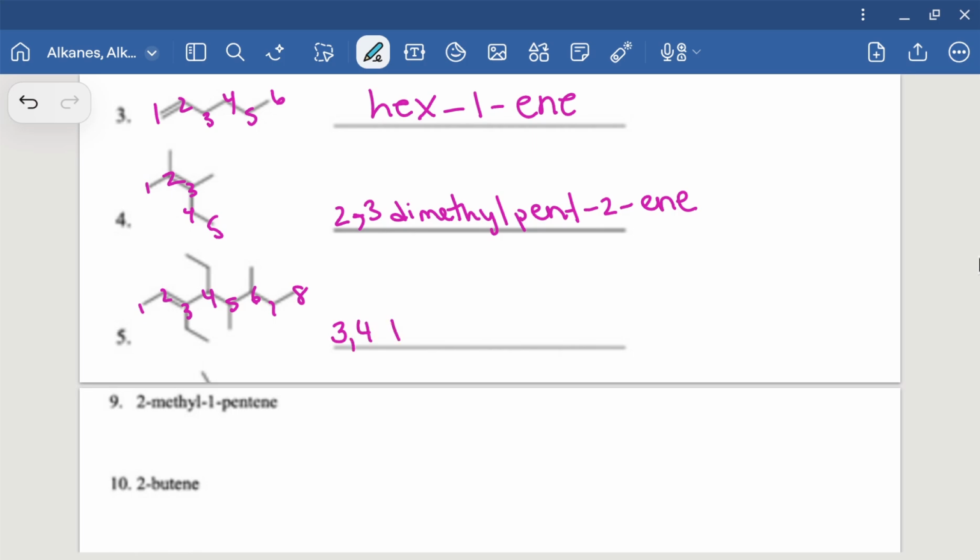So 3, 4, diethyl, then 5, 6, dimethyl. Right, so again, alphabetically, E comes before M, so that goes first. And then 8 is oct. It's between 2 and 3, so 2, ENE.